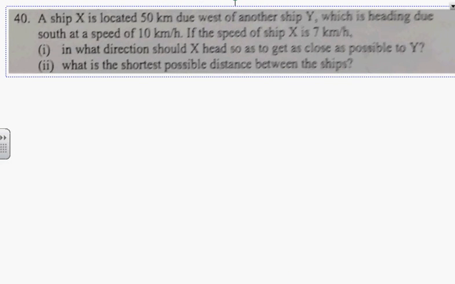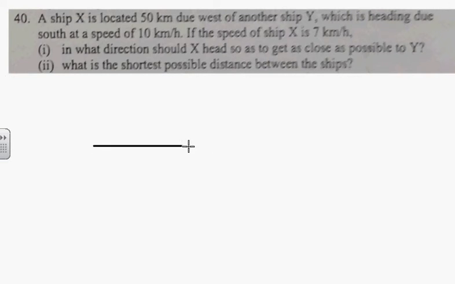This one here is not an intercept question. A ship X is located 50 kilometers due west of a ship Y. So X and Y are here. That's X, that's Y. Ship Y is heading south at a speed of 10 kilometers an hour. So ship Y is actually still moving.